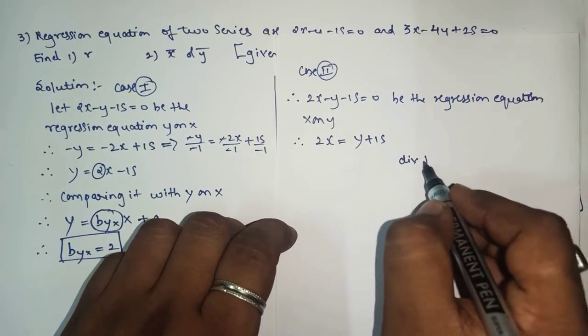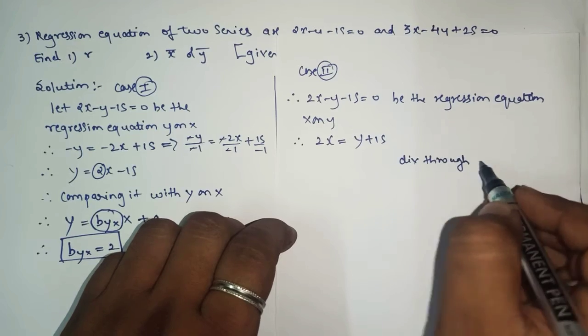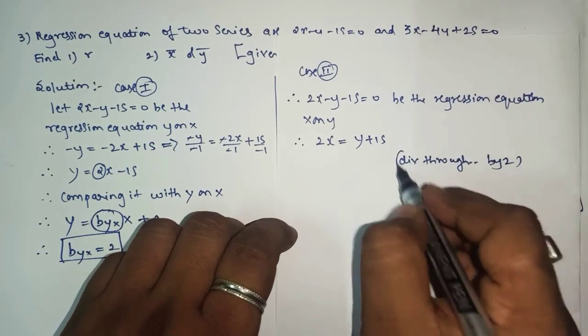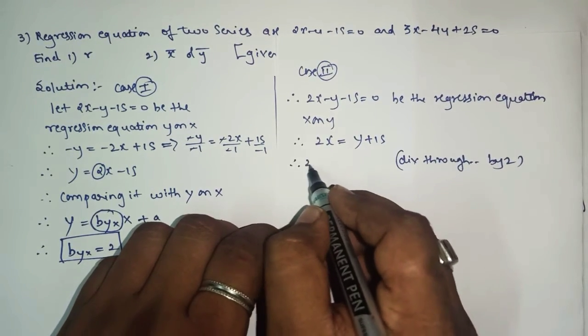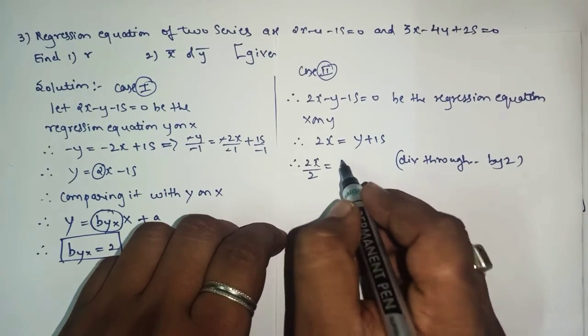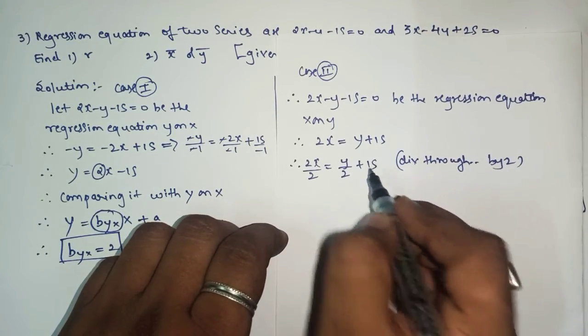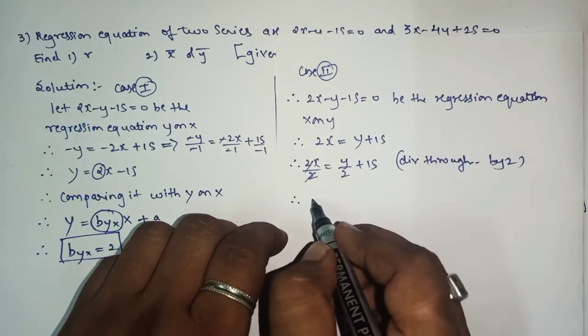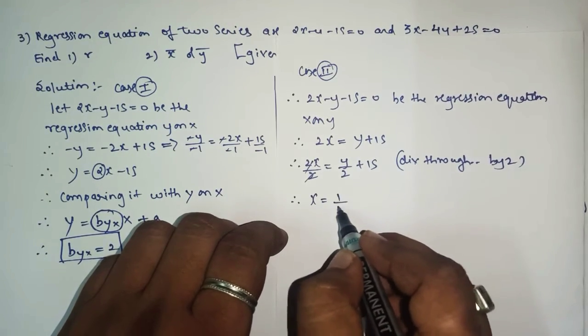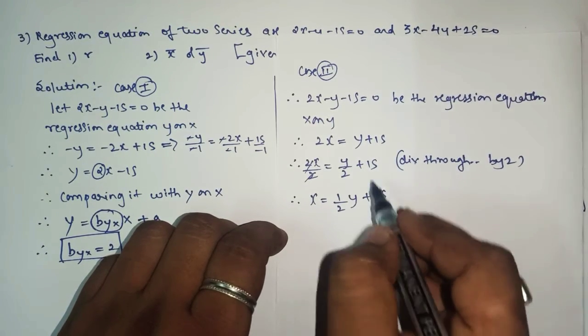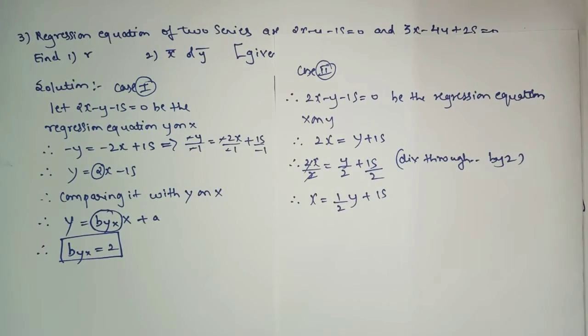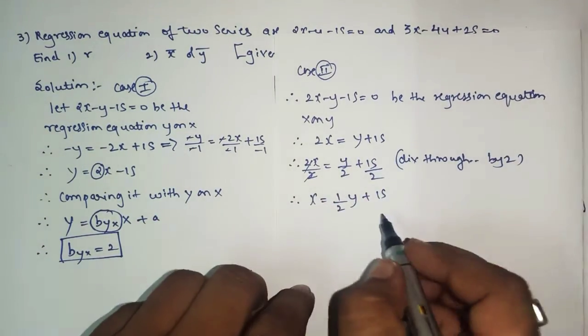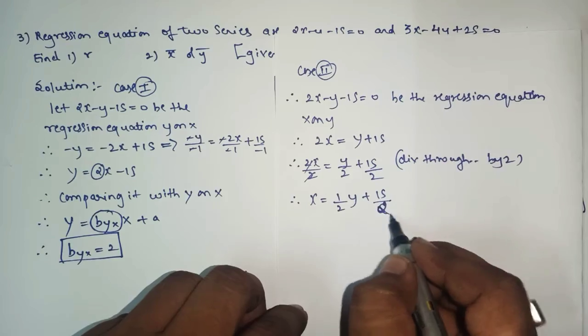So dividing throughout by 2 to make the coefficient of x as 1. So 2x upon 2 equals y upon 2 plus 15 upon 2. So the 2 gets cancelled, and we are left with x equals 1 upon 2 y plus 15 upon 2.